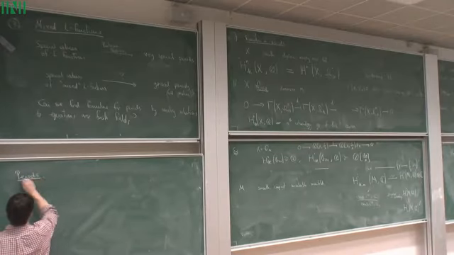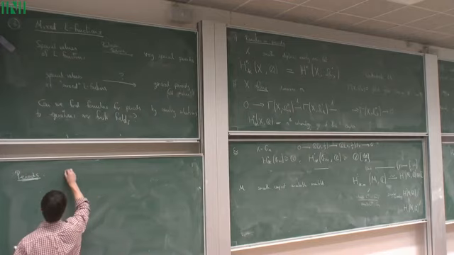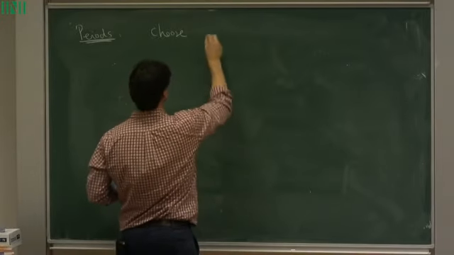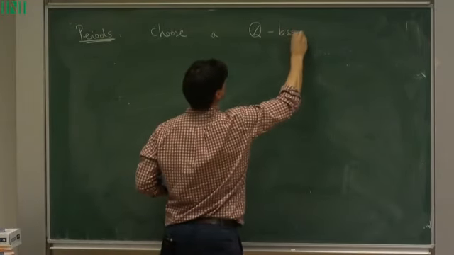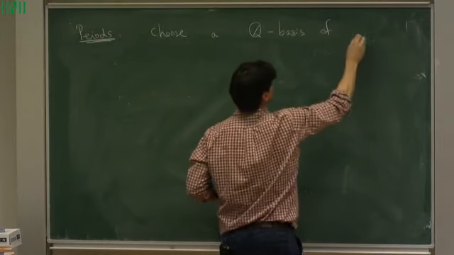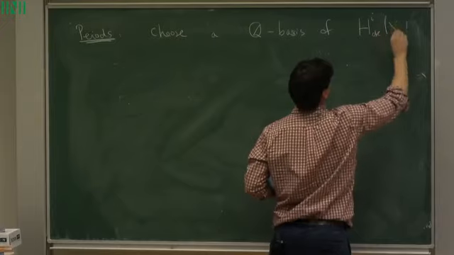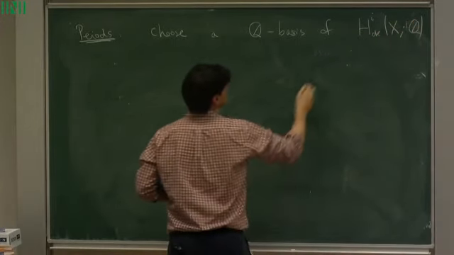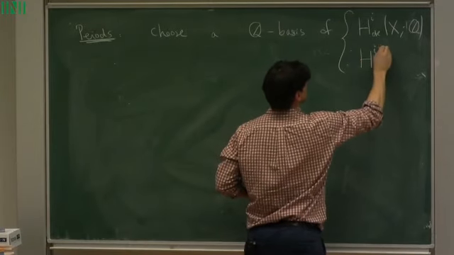So according to Grothendieck, a period is where we choose a Q basis of H^i de Rham of X over Q, and a Q basis of the singular homology.